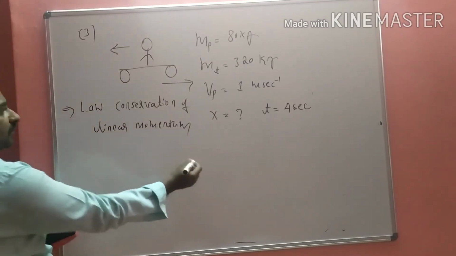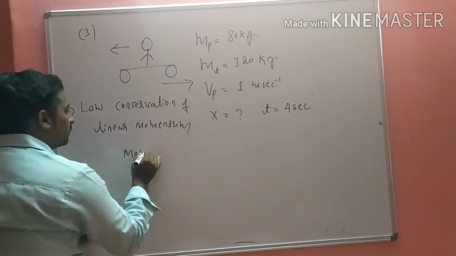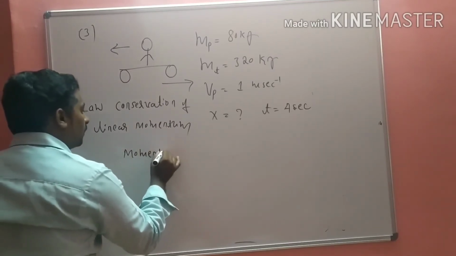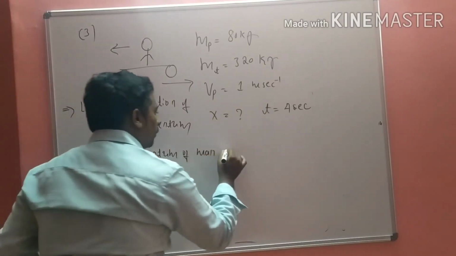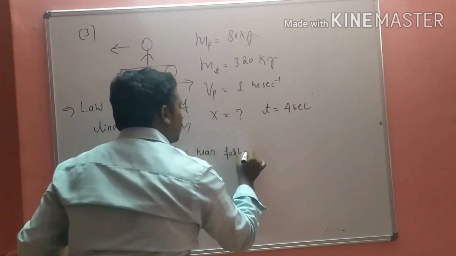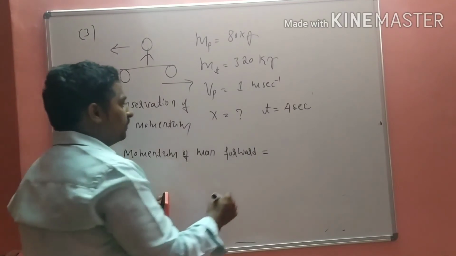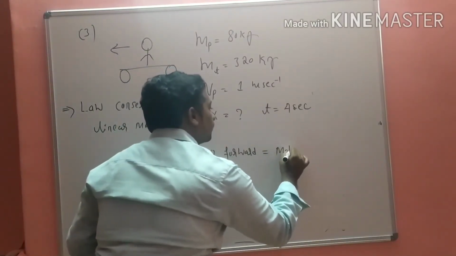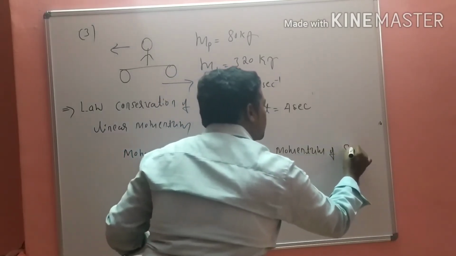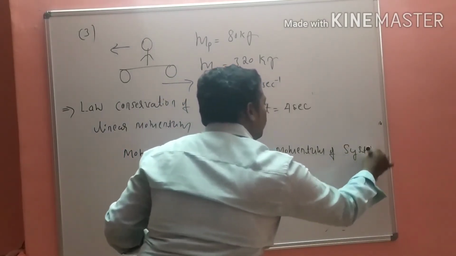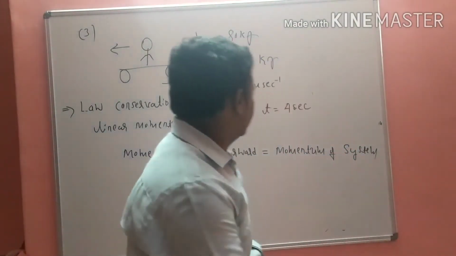So the momentum of the man in the forward direction is equal to the momentum of the system, because I am standing on the trolley, I move forward and the whole system moves backward.